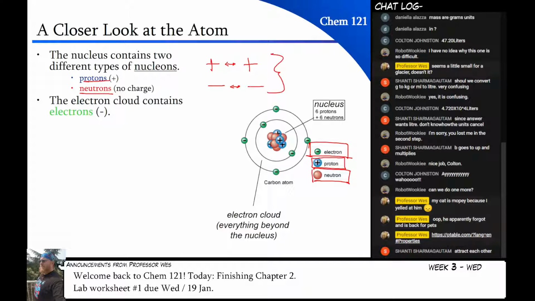There you go. They don't attract each other. That's if they're opposite. What do they do if they're the same? So if I had two positive charges or two negative charges, what would like charges do?